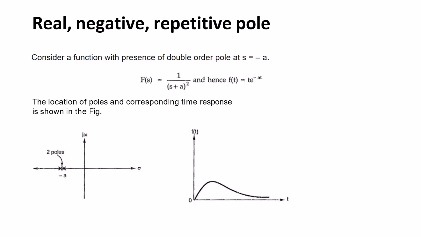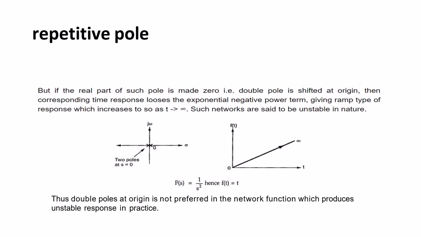Now if we have two repetitive negative real poles, meaning 1 by (s plus a) whole square, with repeated poles located at -a, the response looks like this. This also shows a stable system. Now if we have repetitive poles located at the origin, the time domain response looks like this.